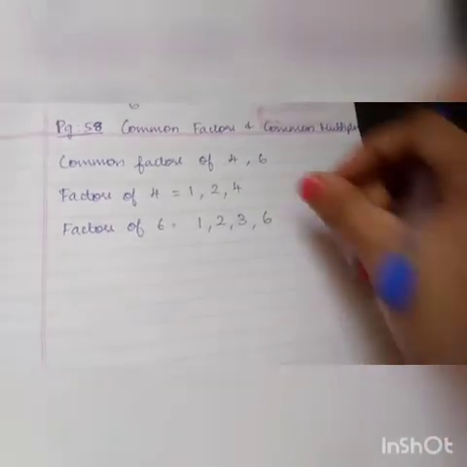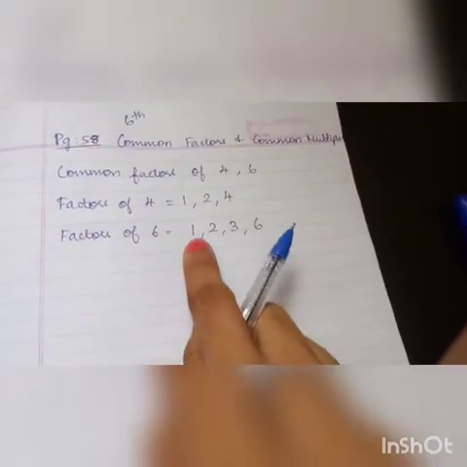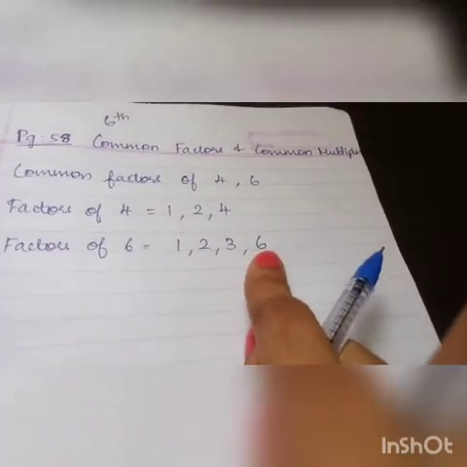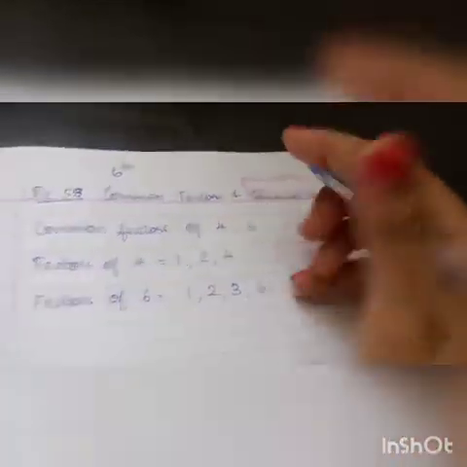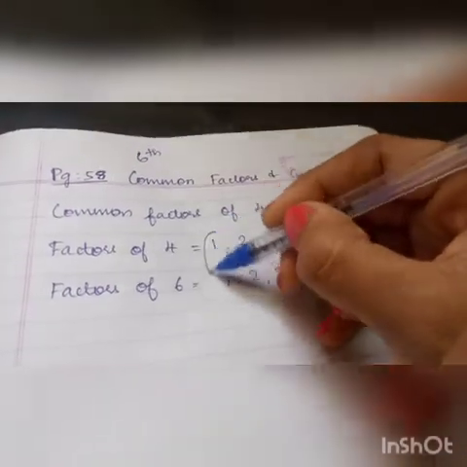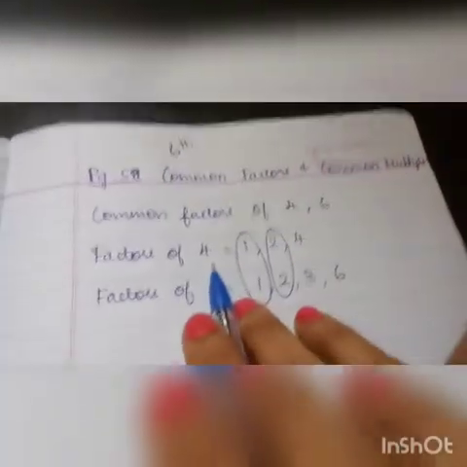Always factors are finite. It has a starting point and an ending point. So factors are finite, so common factors are also finite. Okay children, what does it mean by common factors? The factors common between those two numbers. This is one number, this is one number.